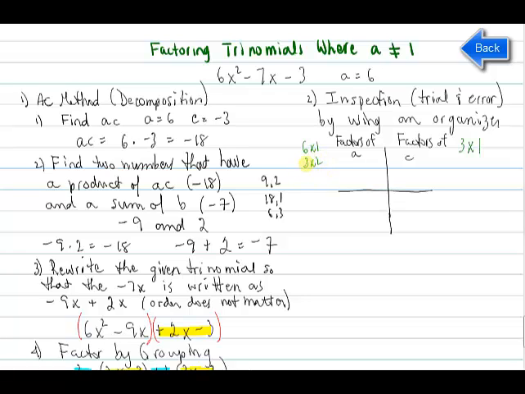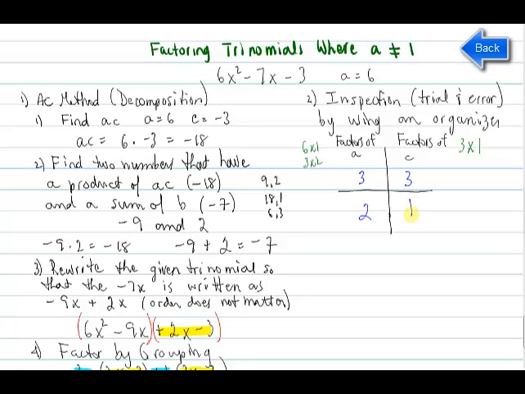I know it's a guess method, but it's a good educated guess to use those two numbers as opposed to the 6 times the 1, okay? And as you become more experienced with this method, you'll know why it's better to use the 3 and the 2 in this situation, okay? So I'm going to put my 3 here and my 2 here. Right now we don't really know where it's going to go, so we're just going to do a guess. And I'm going to put my C factors, the 3 and the 1, in the second column.